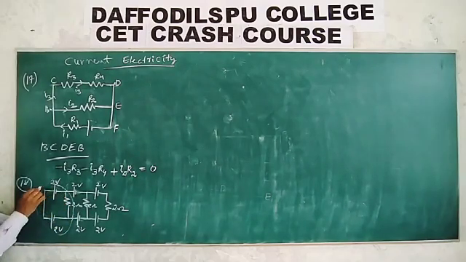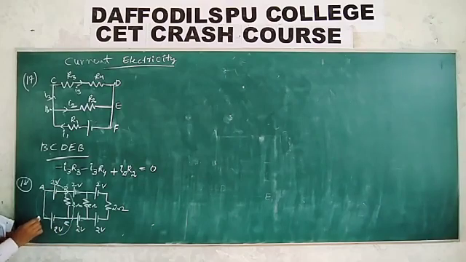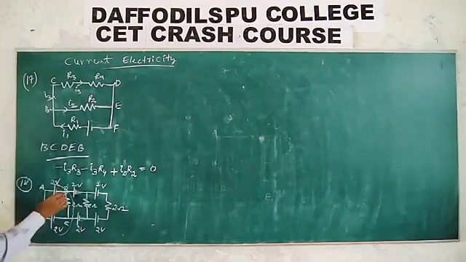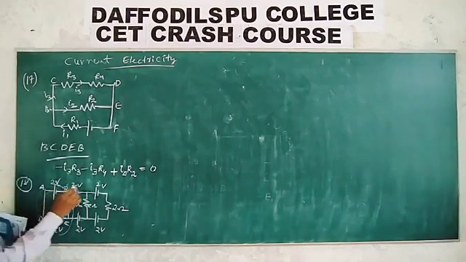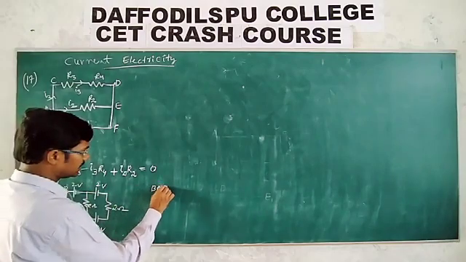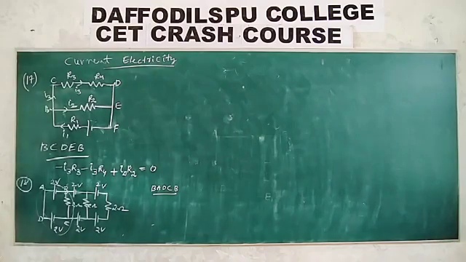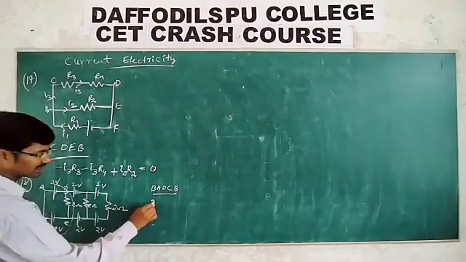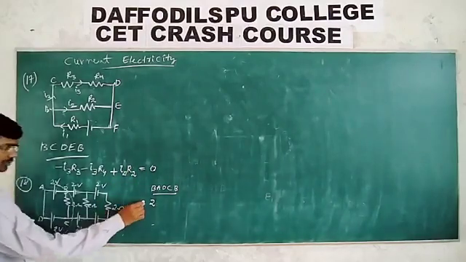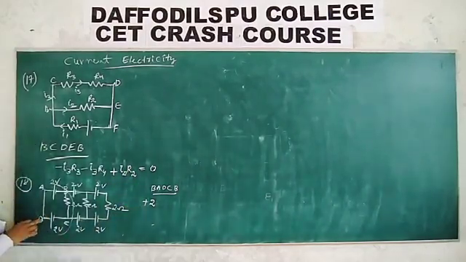Now let me take A, B, C, D. If you move from B, A, D, C, B, for this loop you apply the loop rule. B to C, negative to positive, plus 2. Now A, D, no components.